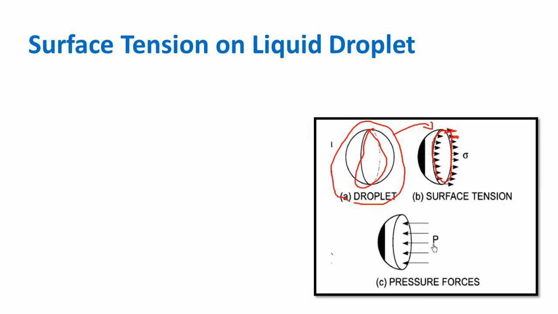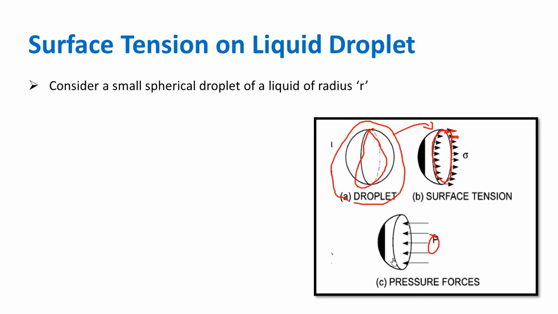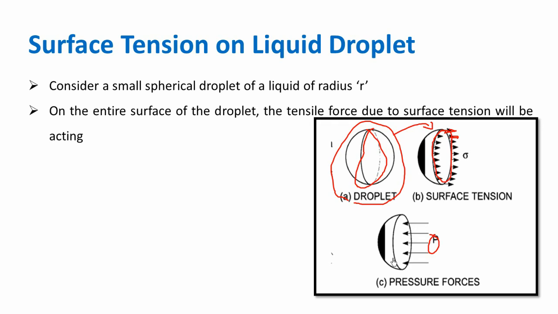The pressure is acting throughout this inner surface. So we consider a spherical droplet of liquid with a radius r. On the entire surface of the droplet, the surface force due to surface tension is acting. I already said throughout the circumference, surface tension is acting. So let sigma be the surface tension of the liquid.